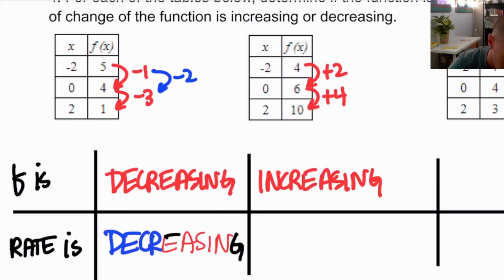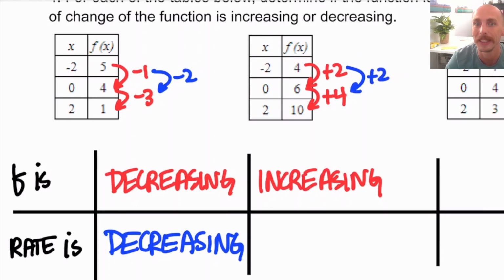Alright, so I'm going to do the first order differences in red, and that's going to tell me about whether f is increasing or decreasing, and then the second order differences in blue will tell me about whether the rate of change is increasing or decreasing. So from +2 to +4, that's an addition of 2, that's a positive number, so the rate is increasing.